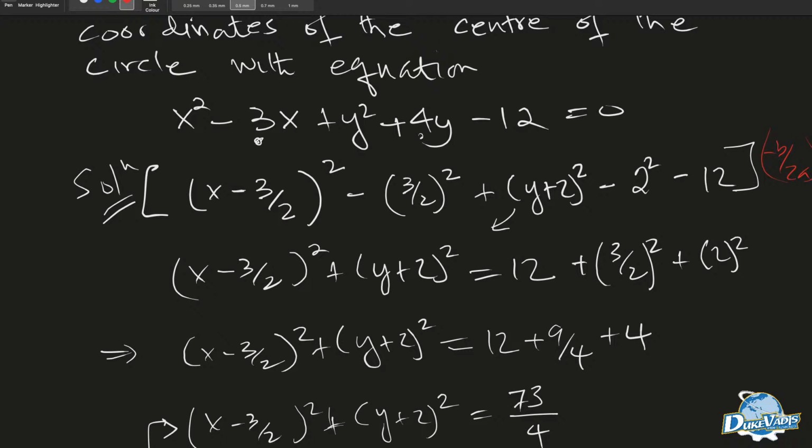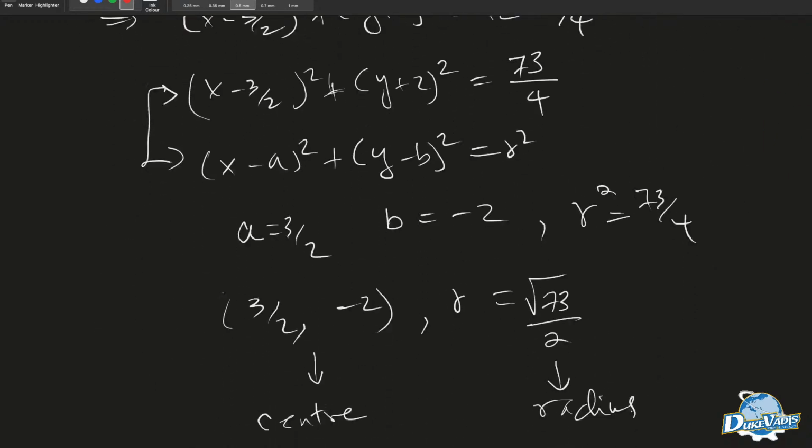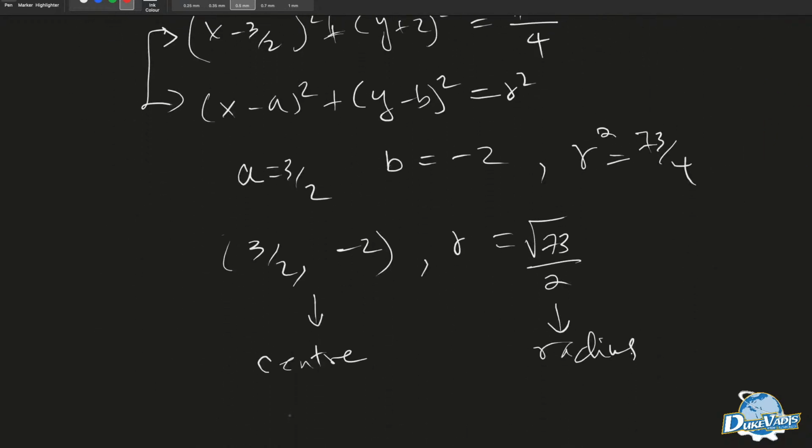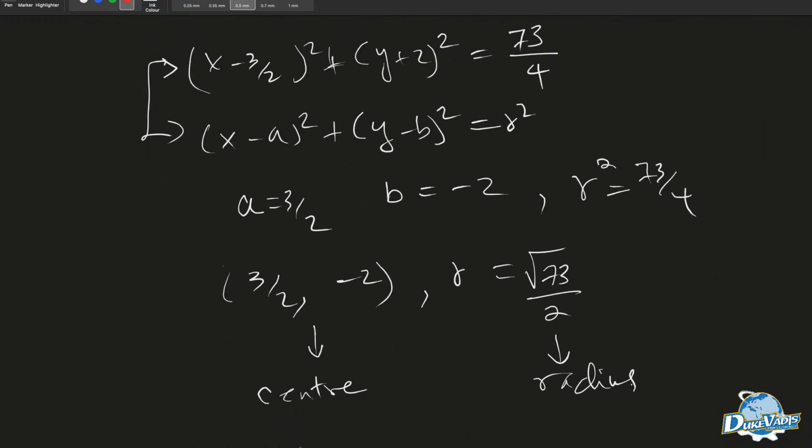You understand? It's not anything difficult. That is the reason why c is equal to a squared plus b squared minus r squared, and we can use this to calculate the center.